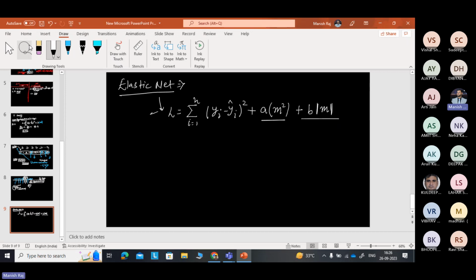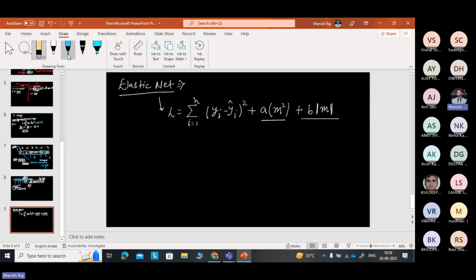Clear? Now again, that is the procedure if you want to find out m or c: you can differentiate, del L by del m and del L by del c, and set them equal to 0. You can find the value of m or c. I am taking only a model that has one input and one output.